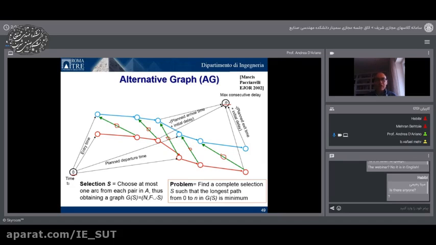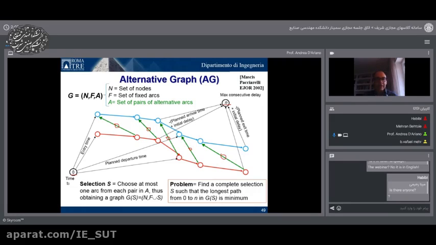Okay. So if we find a solution to this problem, minimum longest path in the graph, we have solved at the same time the train scheduling problem in which we want to minimize the maximum consecutive delays. So this is an example of application of the alternative graph to solve a train scheduling problem.